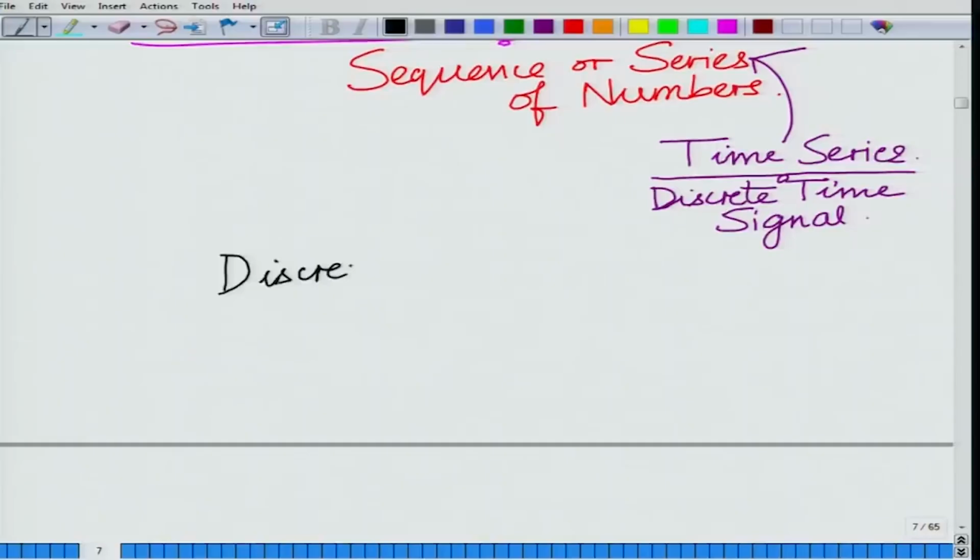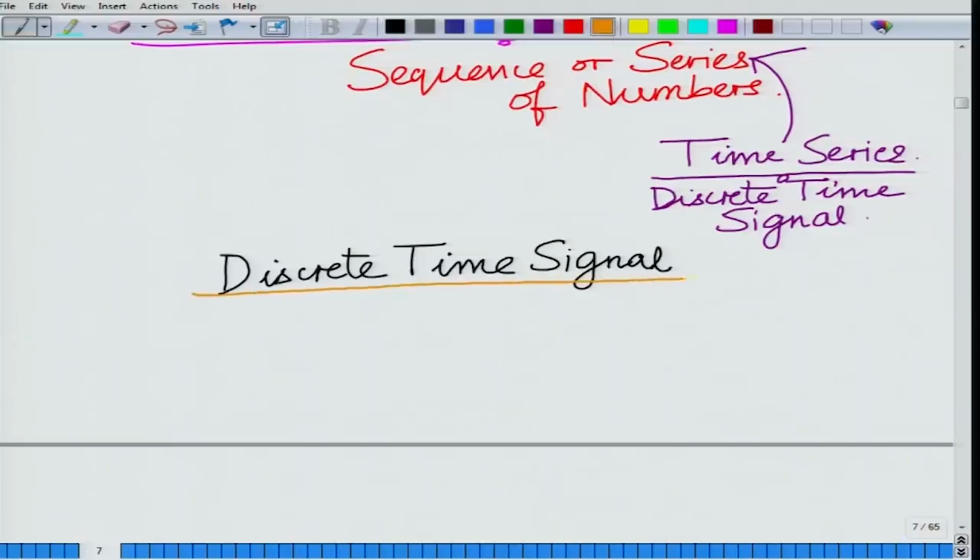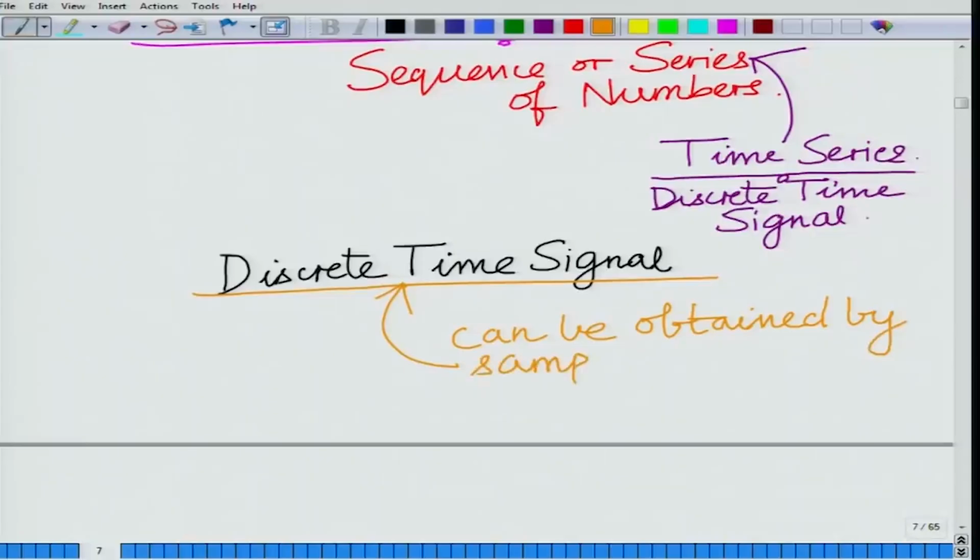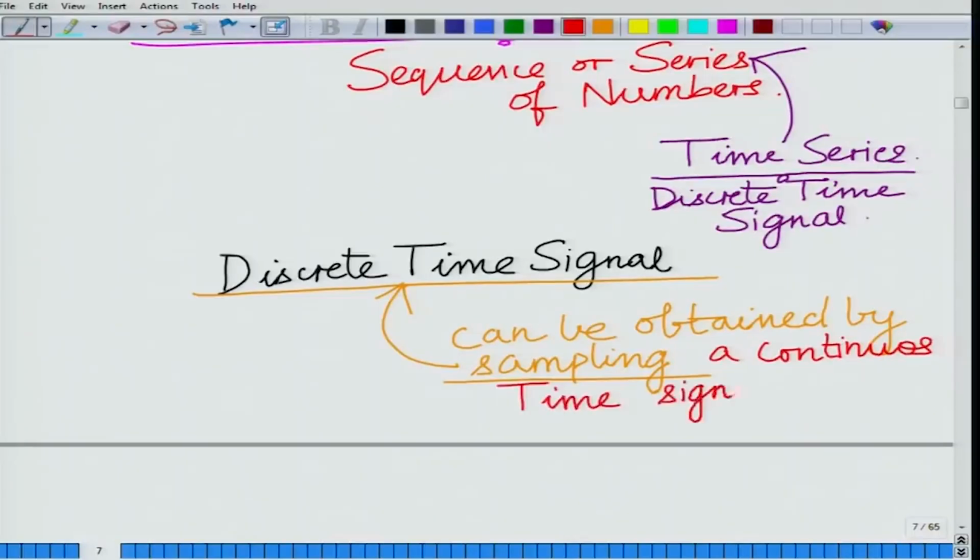Okay. So, a discrete time signal can be obtained by suitably sampling, and this is an important idea, by sampling a continuous time signal.